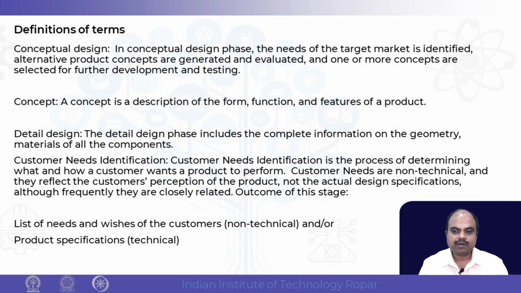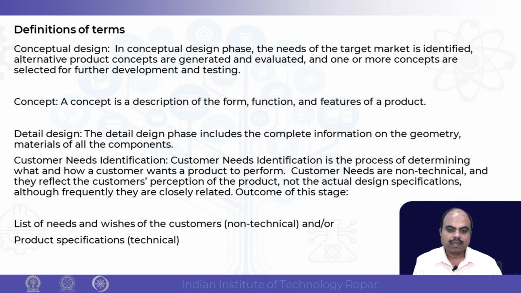Detailed design, we already discussed, is when we identify the materials, size, geometry, and other information. Then consumer need identification: it is a process of identifying and determining how the consumer wants a product to perform.